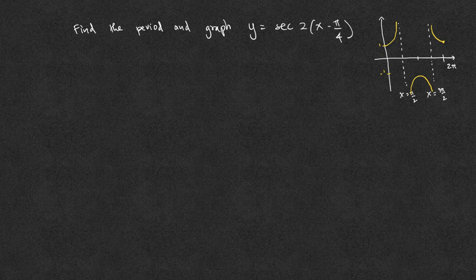Even though there are vertical asymptotes in there, one complete period of secant is 2 pi, and so we let the input of this function, 2 times x minus pi over 4, vary between 0 and 2 pi. The endpoints are included.